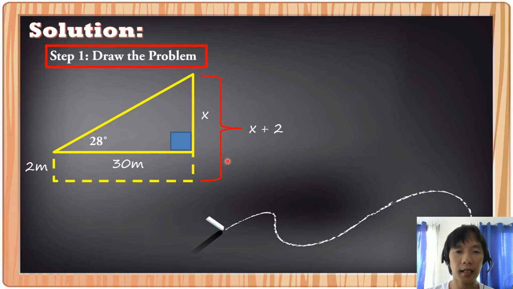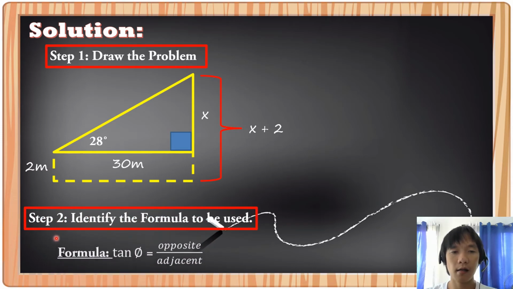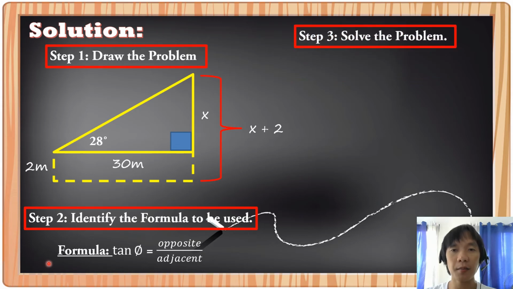So again, this is opposite and this is adjacent because this is your reference angle. So we will still use the formula tangent equals to opposite over adjacent, and that is our step number 2. Step number 3 will be our solution to our problem.